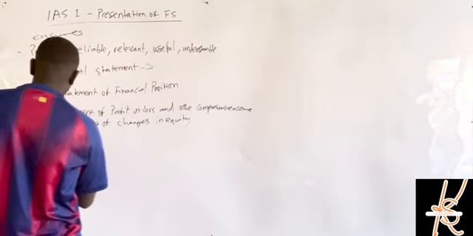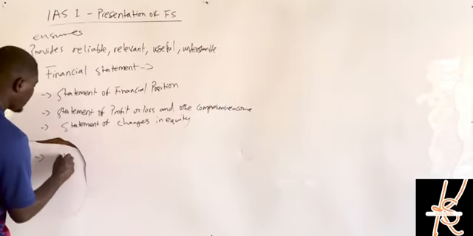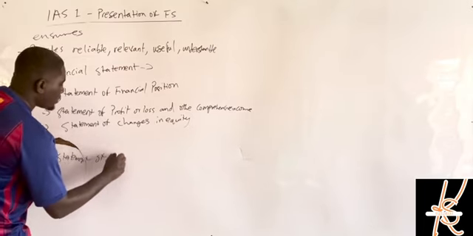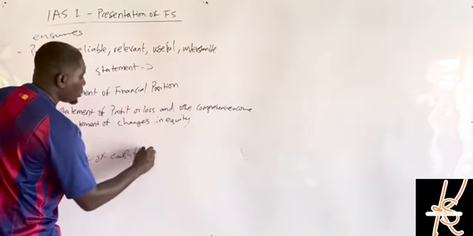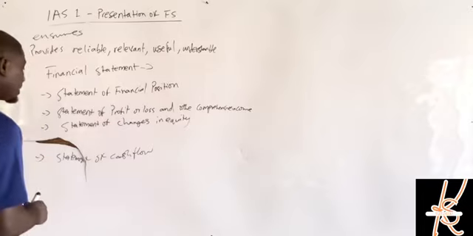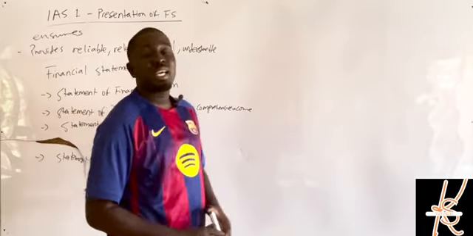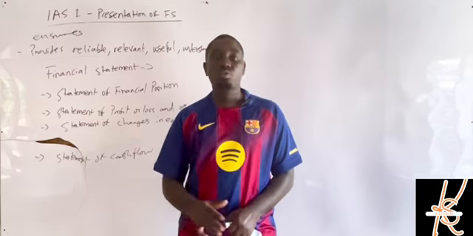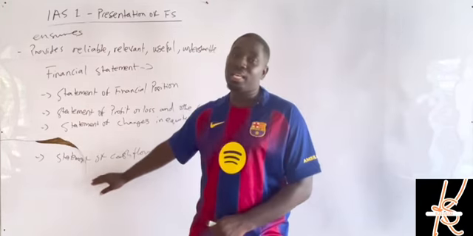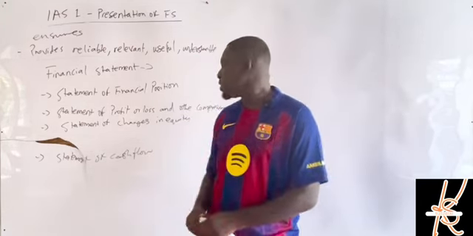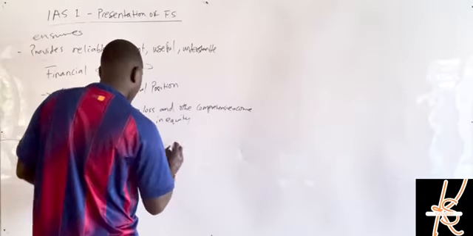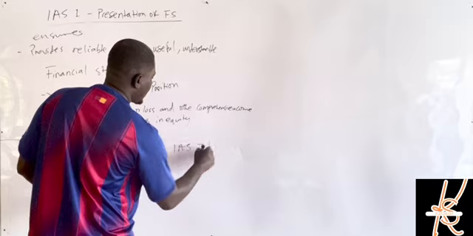Then the next one we will talk about is the statement of cash flow, or in other words, the cash flow statement. This one deals with cash items, anything cash. So accruals you do not capture in the statement of cash flow. This one we'll talk about more when we get to IAS 7.